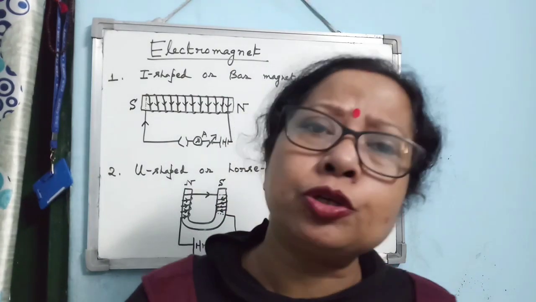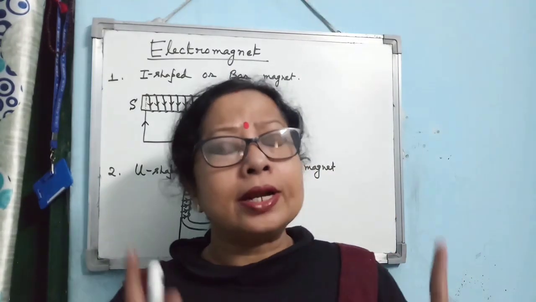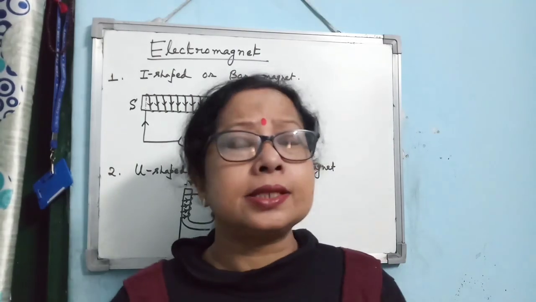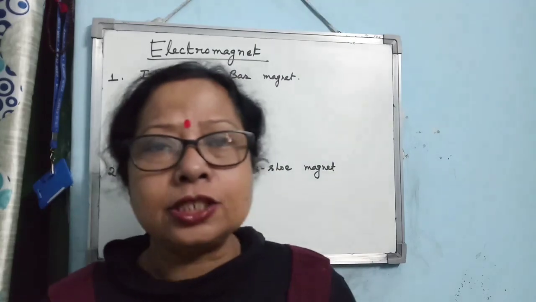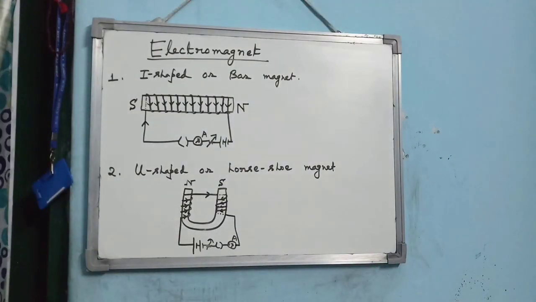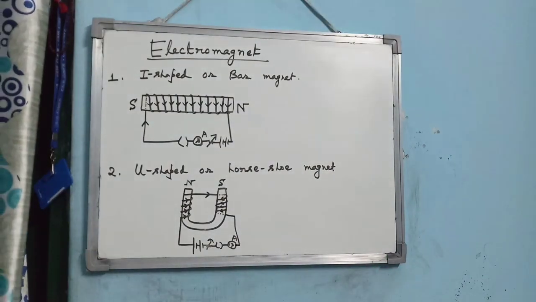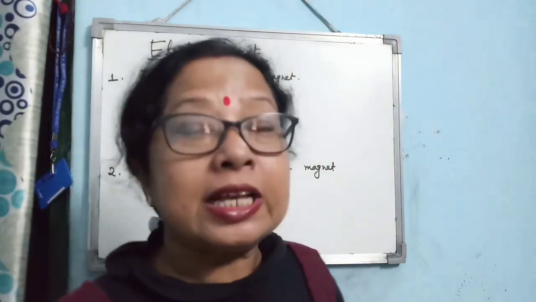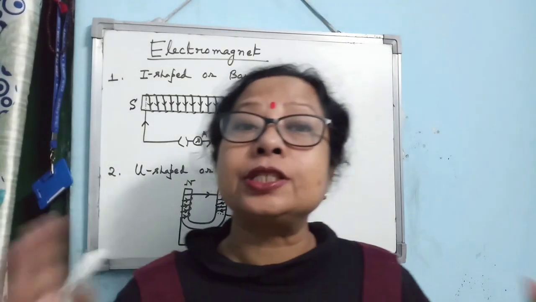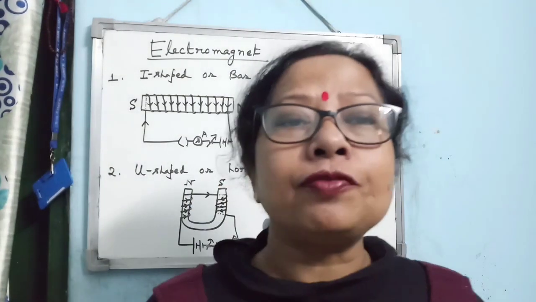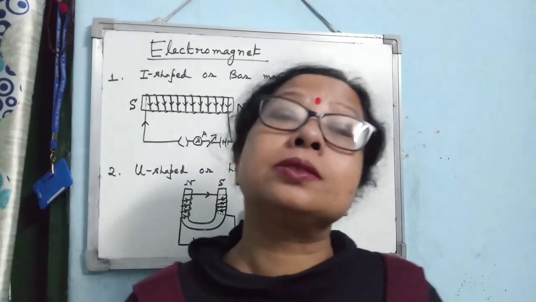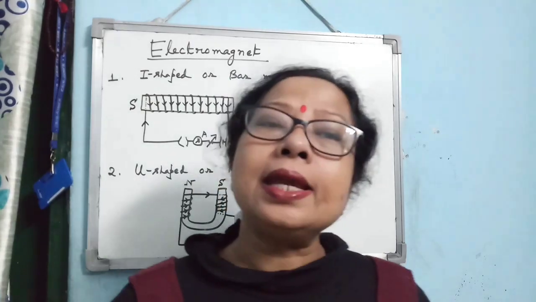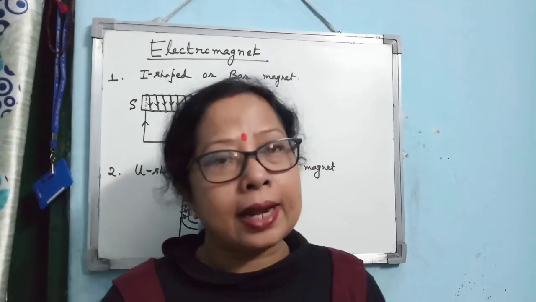You may get a conceptual question on this point. So what is the first point of difference? Electromagnet is made up of soft iron, but permanent magnet is made up of steel. So the question arises, why is an electromagnet made up of soft iron?